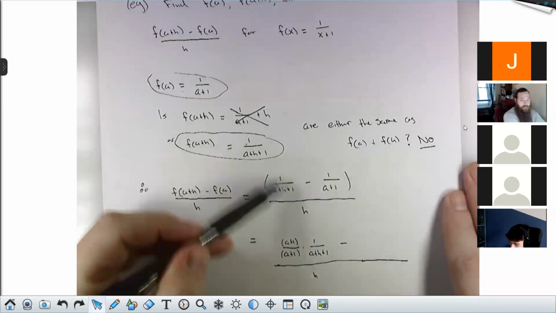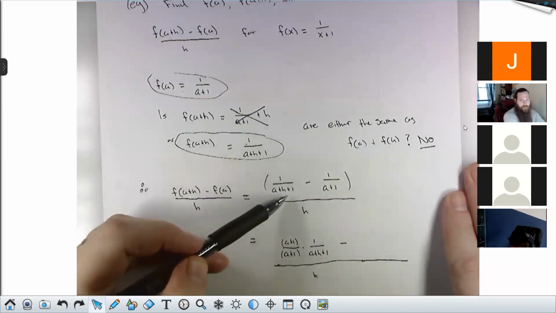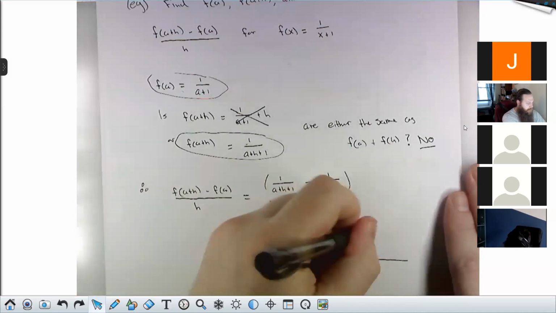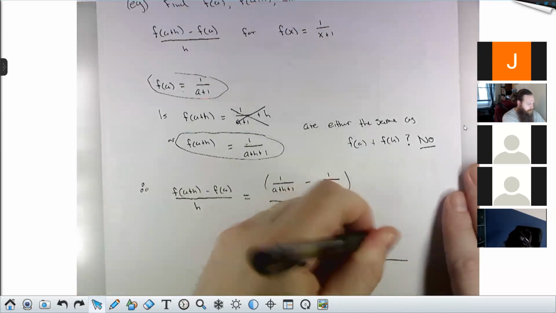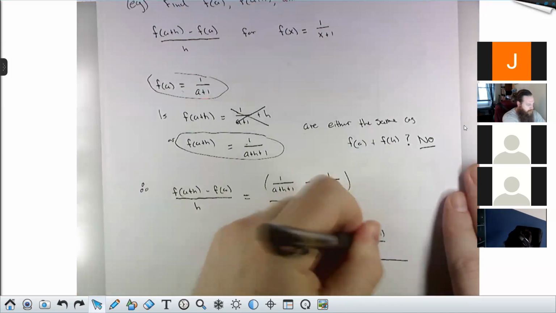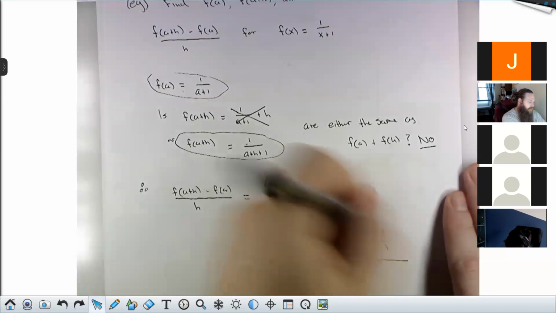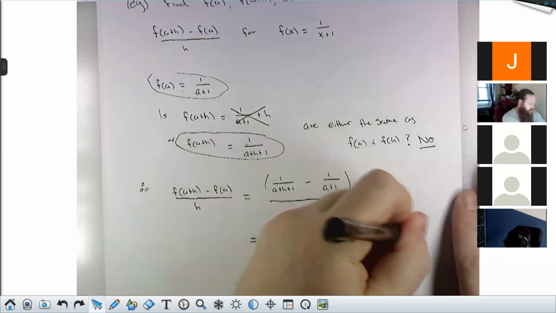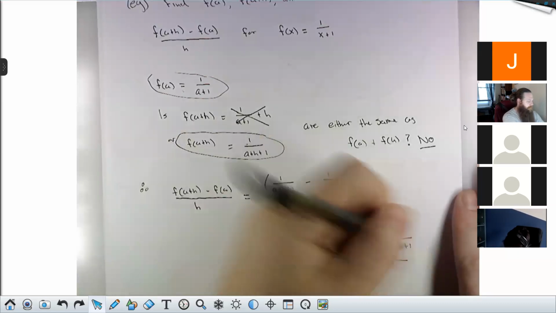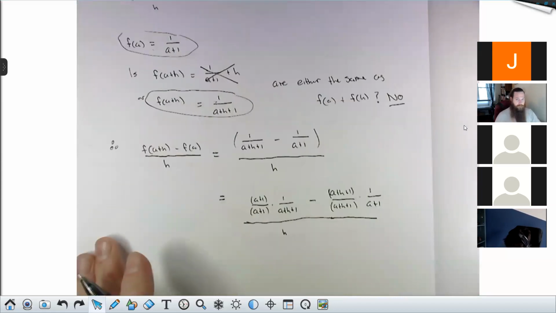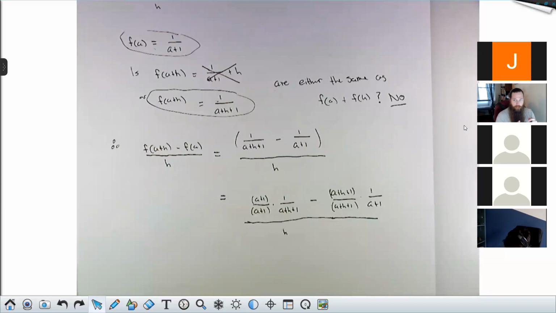So this guy was missing the a plus 1 factor. This guy is missing the a plus h plus 1 factor. So I'm going to multiply him by a plus h plus 1 over a plus h plus 1, like this. And still got his 1 over a plus 1. So this is how we have a common denominator. We multiply top and bottom in any pieces by the factors that they're missing.